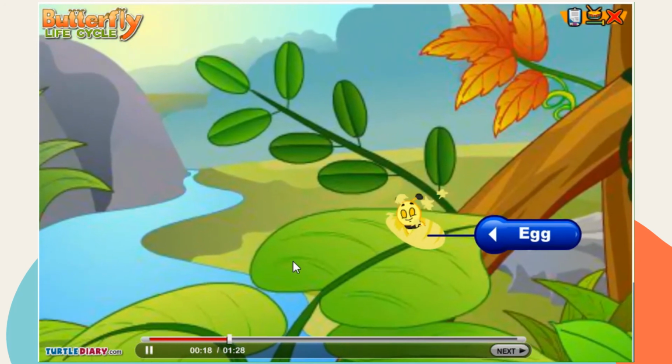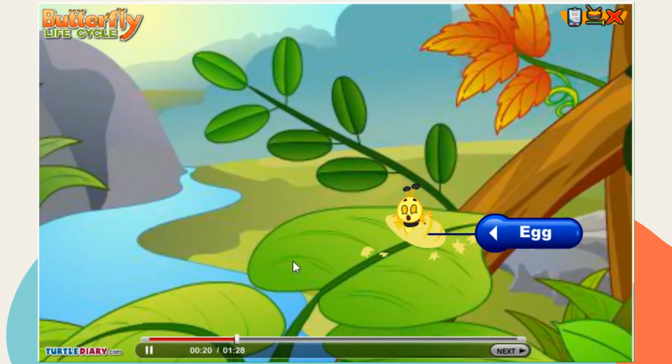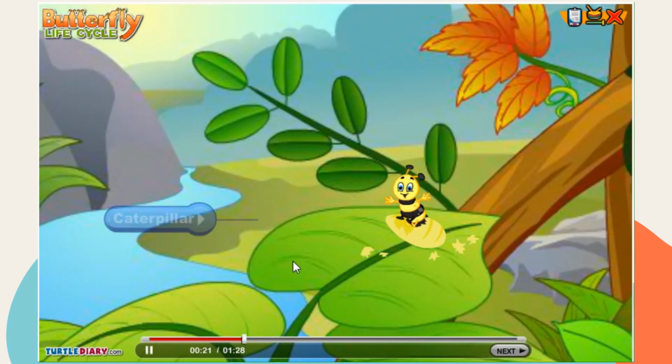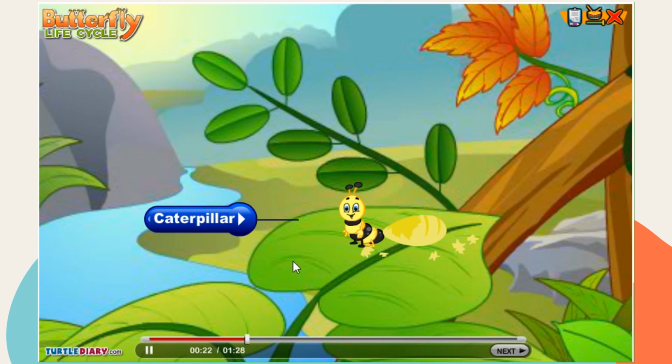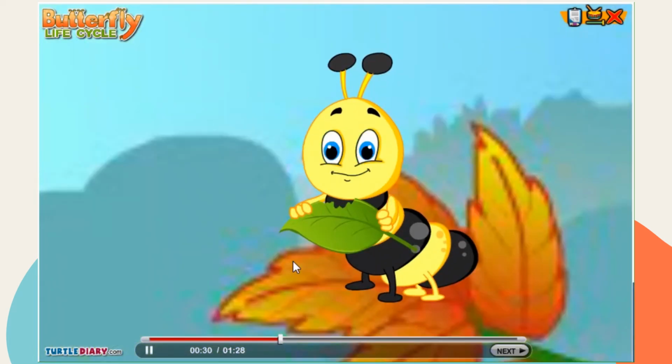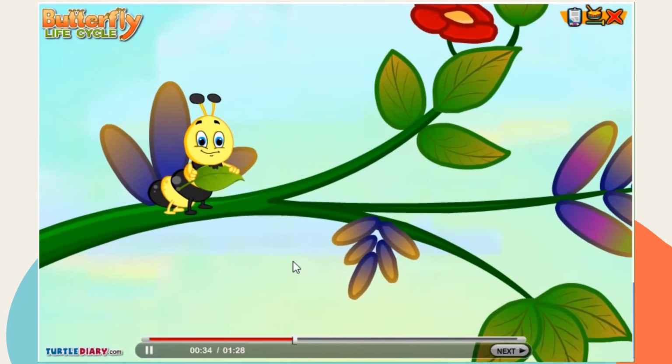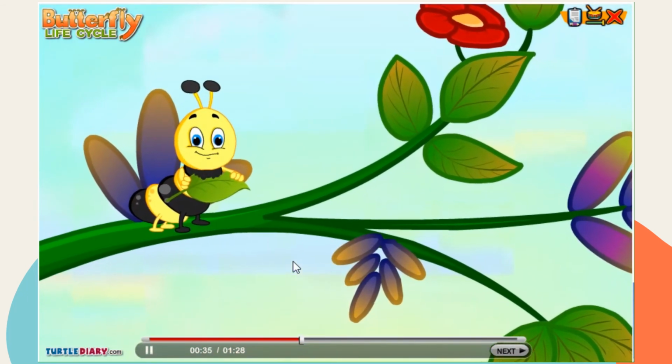After a few days, the shell of the egg breaks and a long worm-like caterpillar comes out. It's also called larva. A larva feeds voraciously and grows quickly in size.